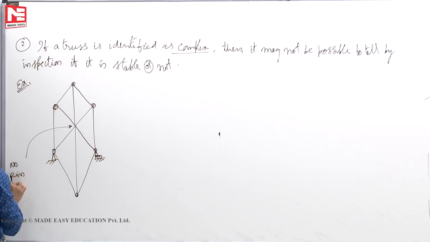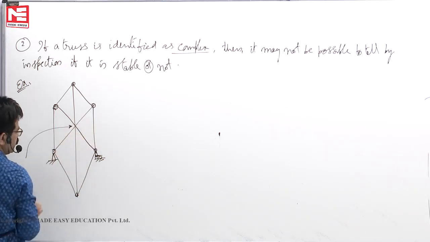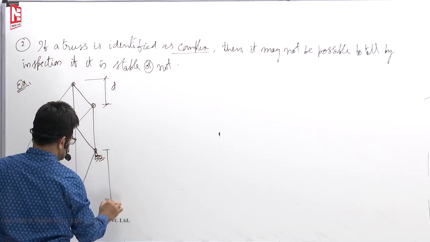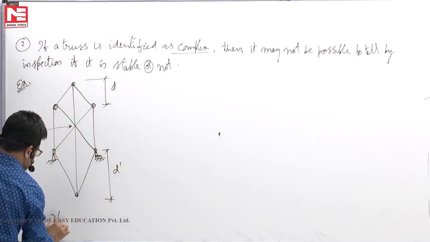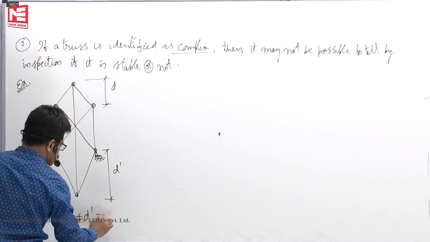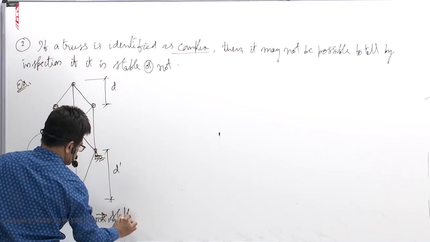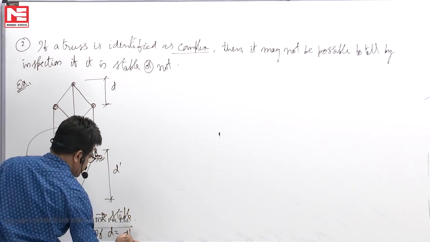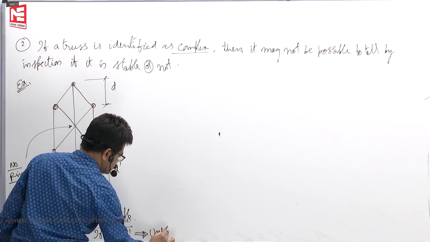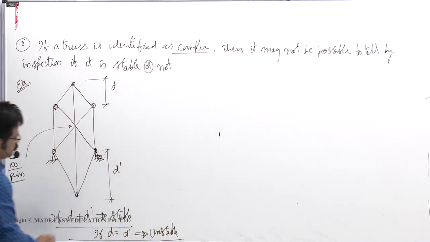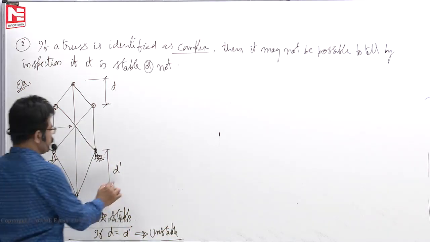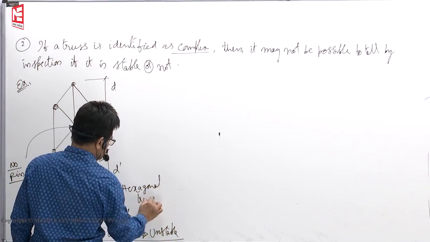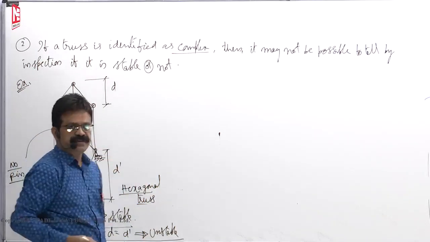No pin, because I didn't put any circle here. This height, let us say some D. This height say some D dash. If D is not equal to D dash, stable. If D is equal to D dash, unstable. Like this. This is a hexagonal truss, because it is in the shape of a hexagon.